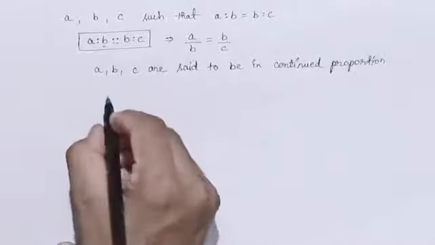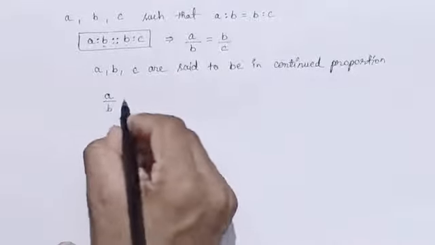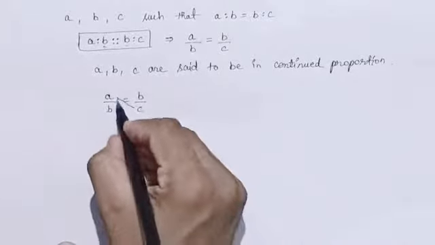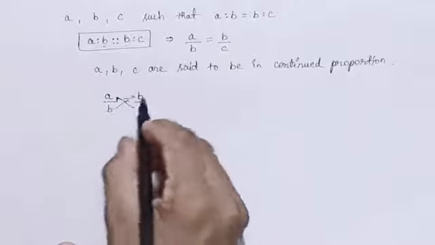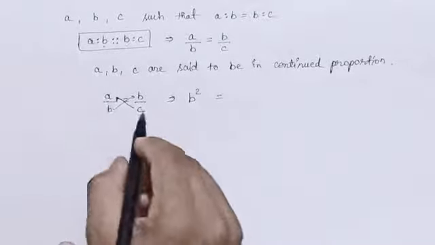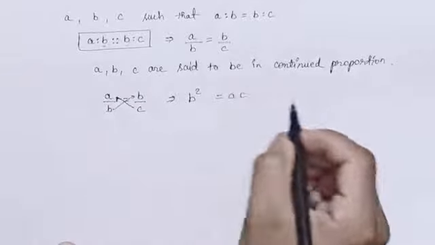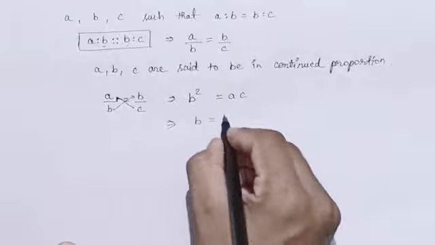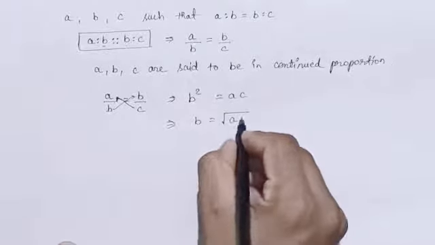Also here we can write A upon B equals B upon C. If we cross multiply, then what we get? B into B, that is B square, is equal to A into C. Or we can write B is equal to square root of AC.